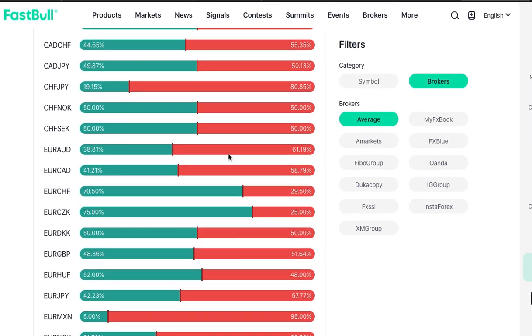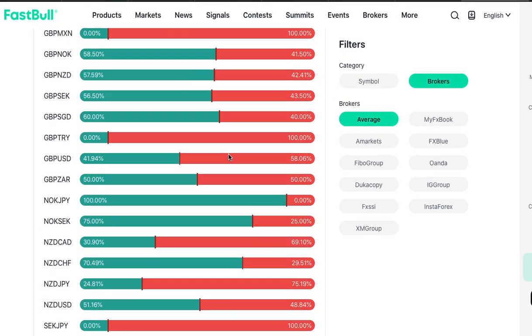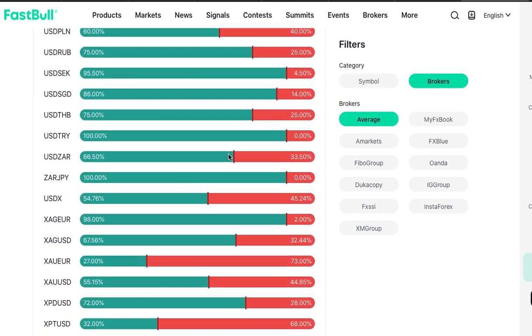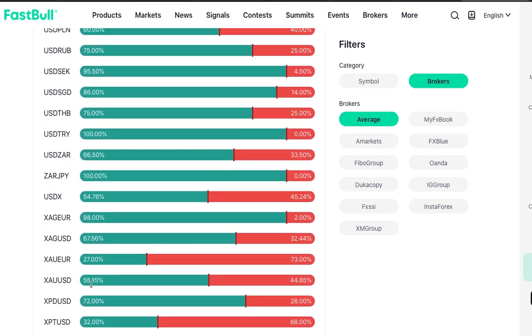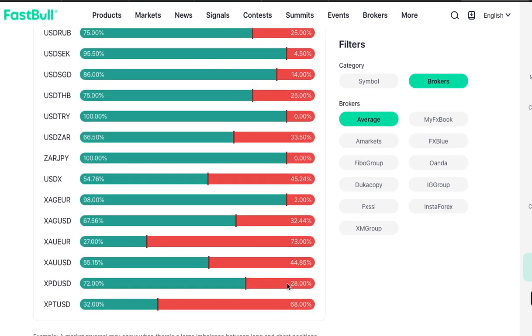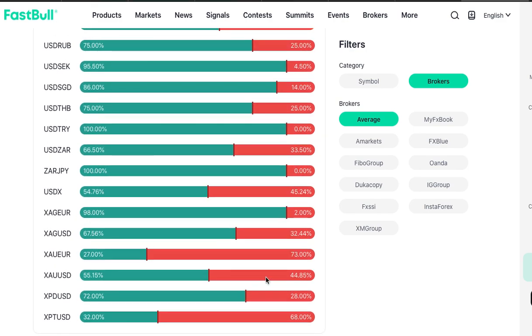So let's see here. XAUUSD has 55.15% of the buyer side in gold, and we can see 44% sellers. It's not showing the accurate figure, but it's showing some kind of mediator levels like that.